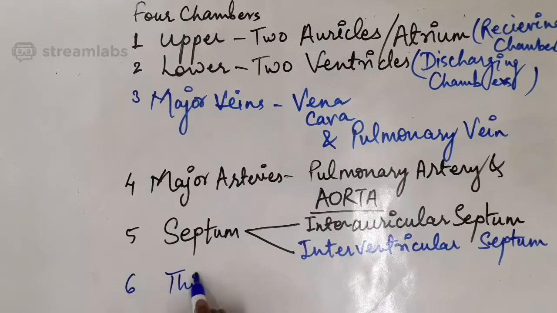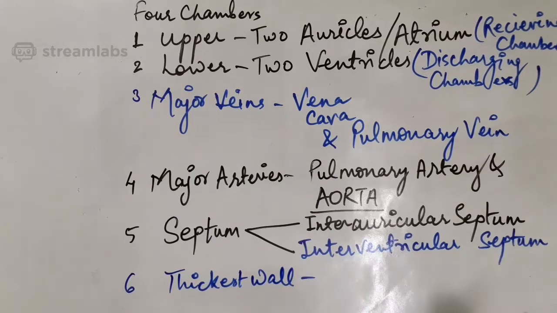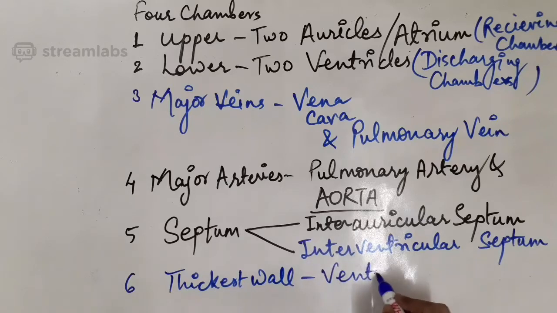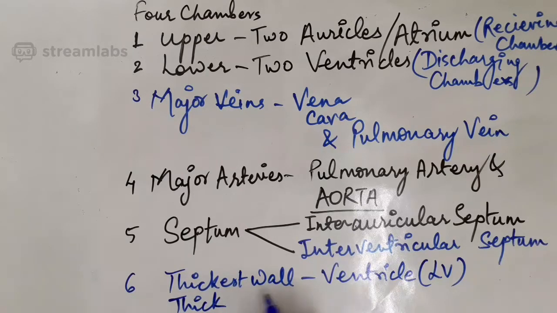Okay, septum, and you also know the thickest wall and the thick wall of the heart. The thickest wall is present between or of ventricles. Which ventricle? Left ventricle, okay. And the thick wall is of the right ventricle.